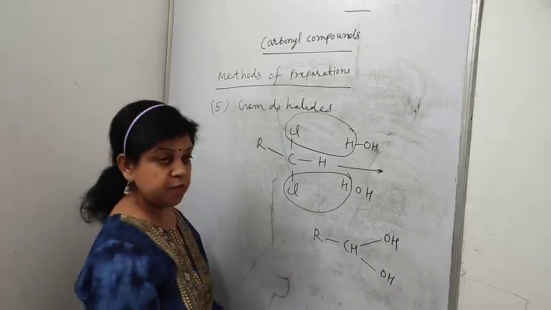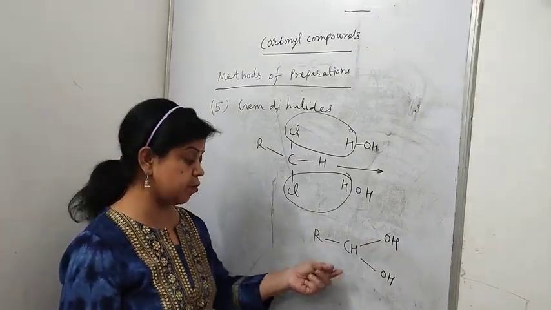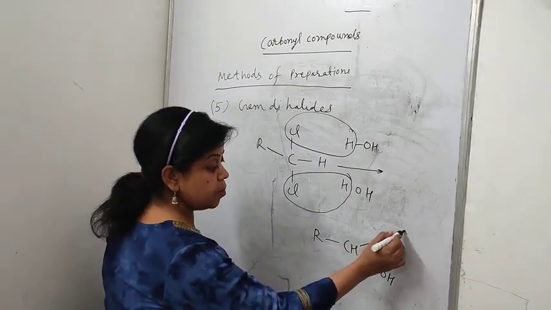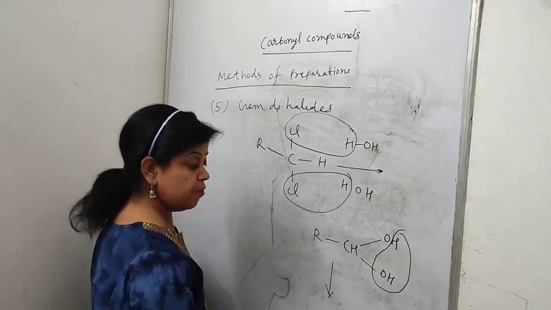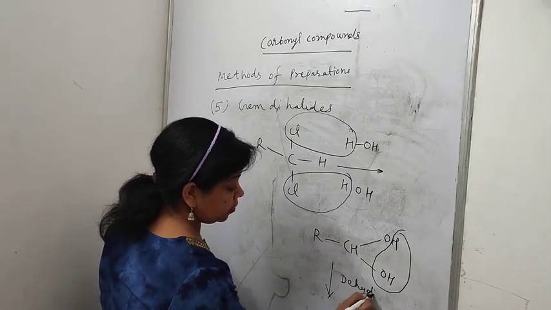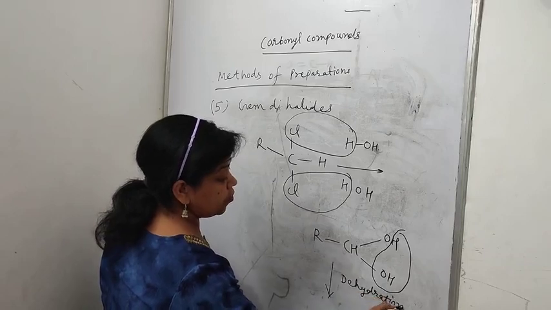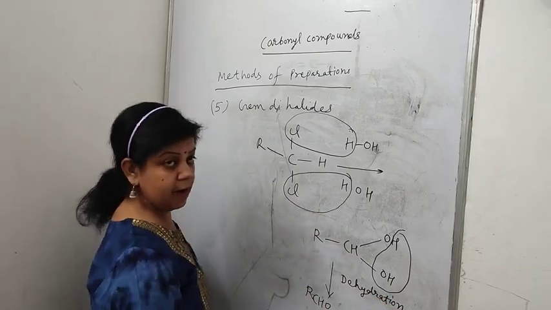And we know that when 2 hydroxyl groups are present on 1 carbon, this compound is unstable. So you have to perform dehydration here. When we perform dehydration, you will be able to get aldehyde.